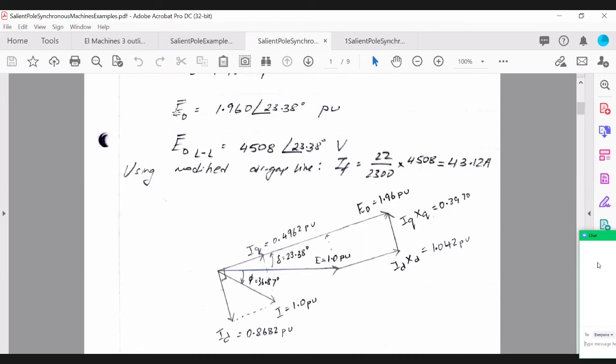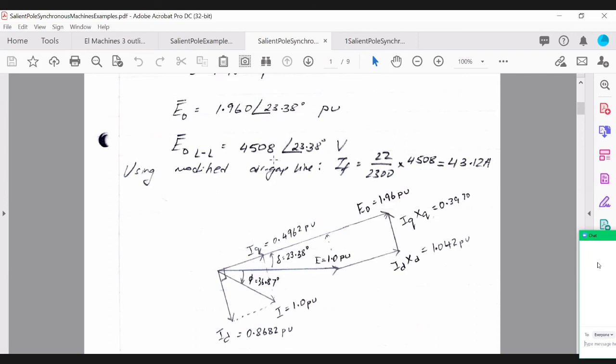Okay, so going further, from the value that I've obtained here for E naught, I've worked out the line-to-line voltage. You multiply by √3 to get the line-to-line voltage. And then remember, they asked us to determine the field current for this particular operating point. As you can see here, I have used what we call the modified air gap line.